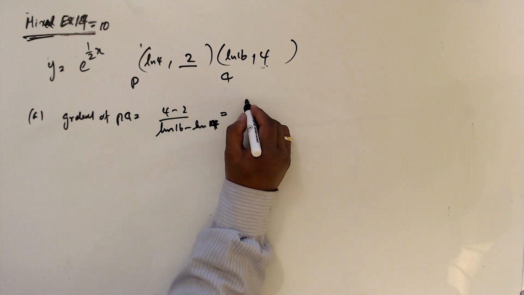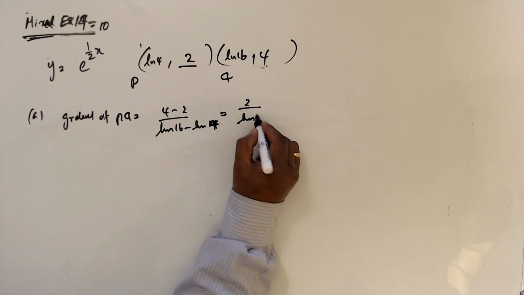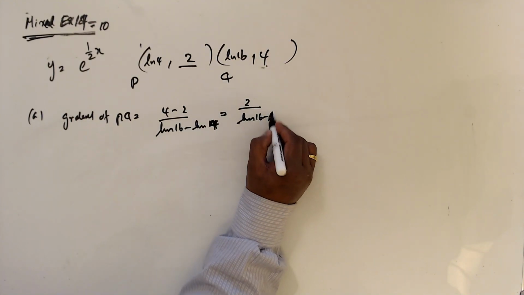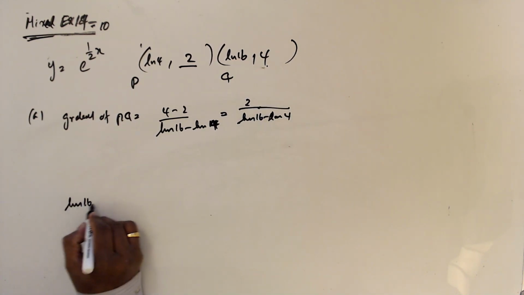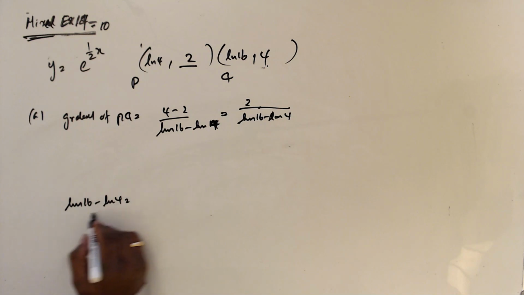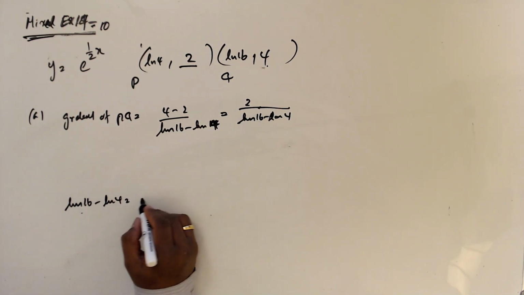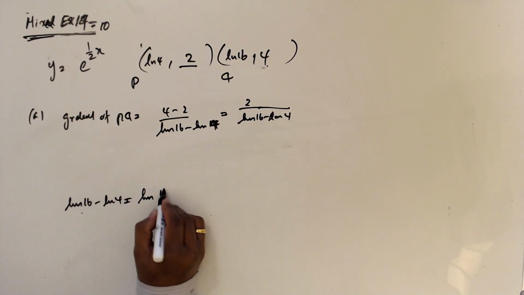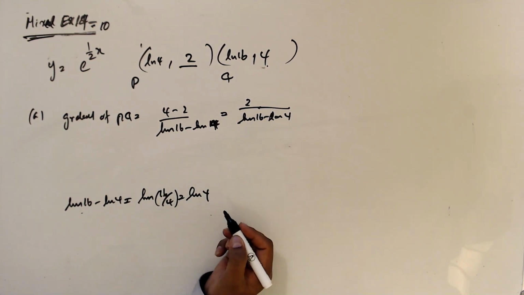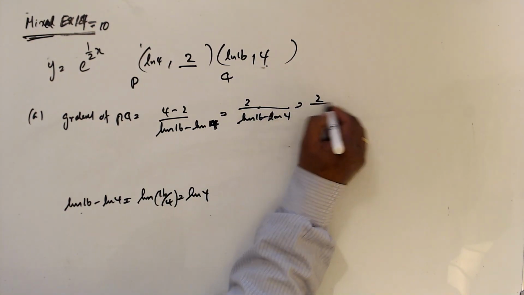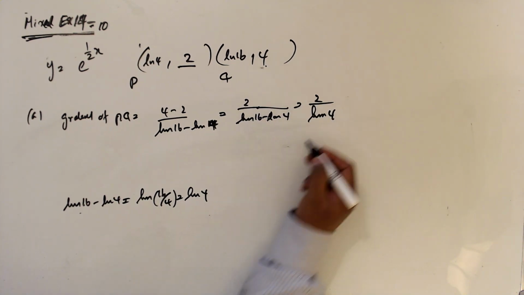This is going to be 2 over ln 16 minus ln 4. Actually, ln 16 minus ln 4 is a subtraction, so we can write ln of 16 over 4, which is ln 4 basically. So this is going to be 2 over ln 4.